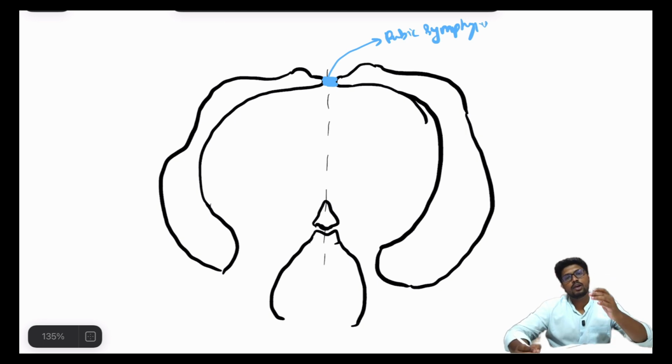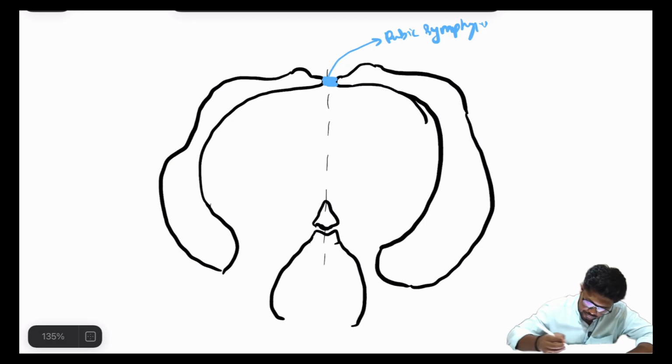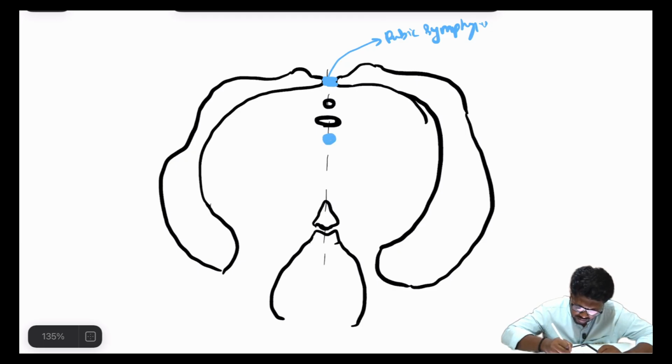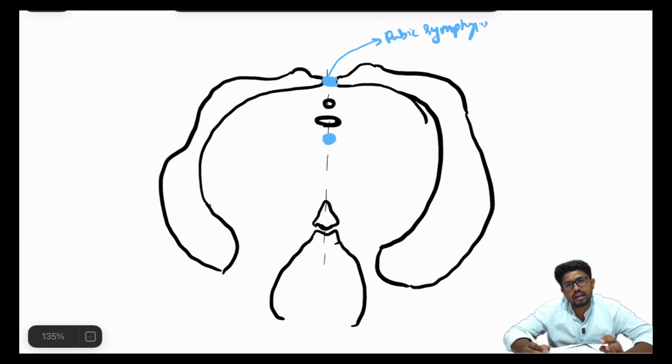Now firstly we'll draw the midline structures before drawing this pelvic diaphragm. What are the midline structures? From anterior to posterior, firstly we'll have the urethral opening. Then behind this urethral opening, if it is a female, there will be the vaginal orifice. Then behind this, there will be one fibromuscular node, that is called the perineal body. We will study about this fibromuscular node in detail while studying the perineum.